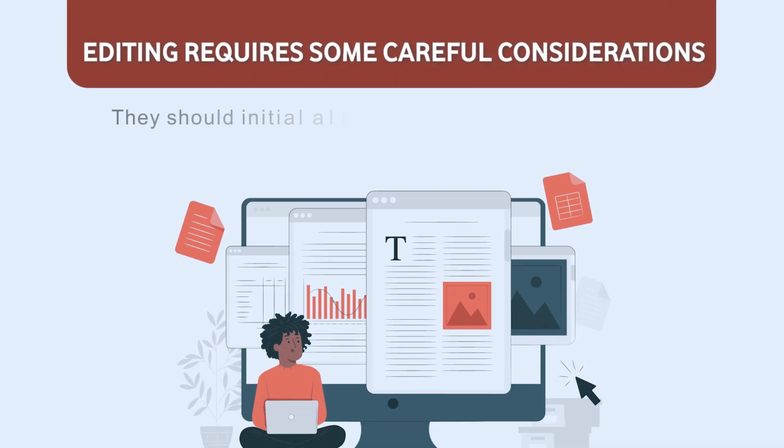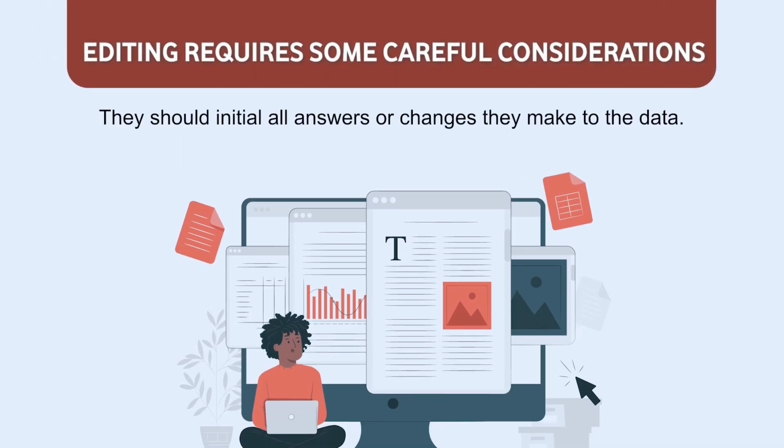So they should initial all answers or changes they make to the data. Because when we are going to check all the questionnaires, when you are going to edit the entire data set that you have gathered from the field, while doing the editing process, we have to put our initials on all the answers or changes they make to the data set.